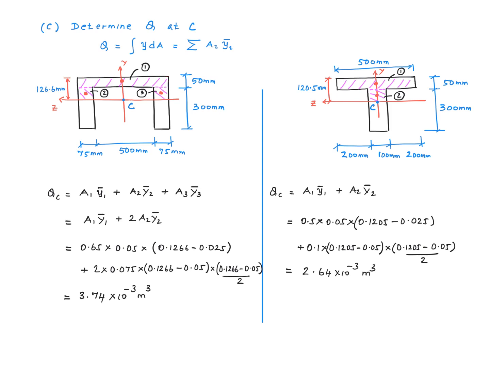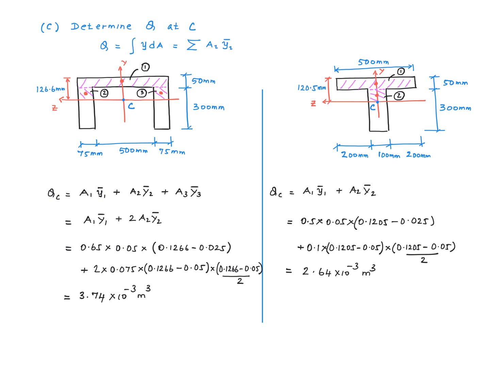A1 is this distance multiplied by that distance, so that's 0.65 times 0.05 in meters. Y1 bar is the distance to this point from this line, right? So that'll be 126.6 millimeters minus 25 millimeters converted to meters. So that's what I have over here.